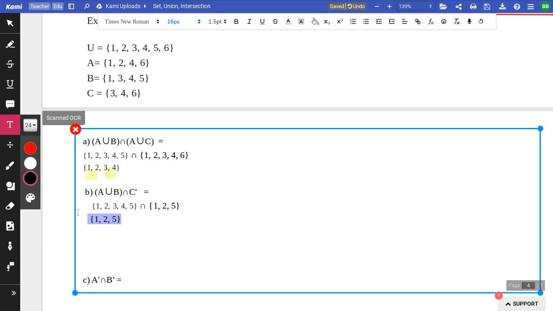So this would be the answer for this one, and that would be the answer for B.